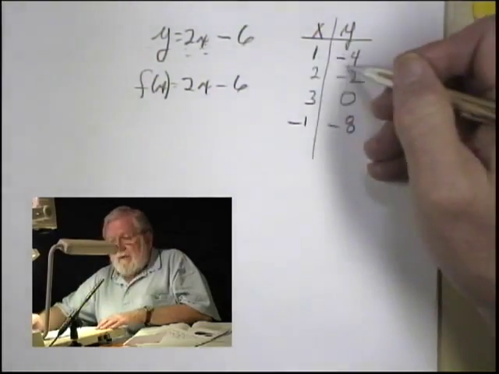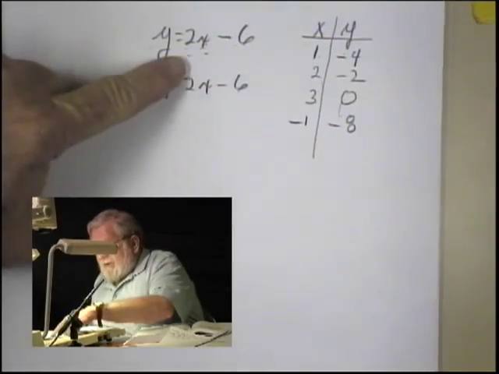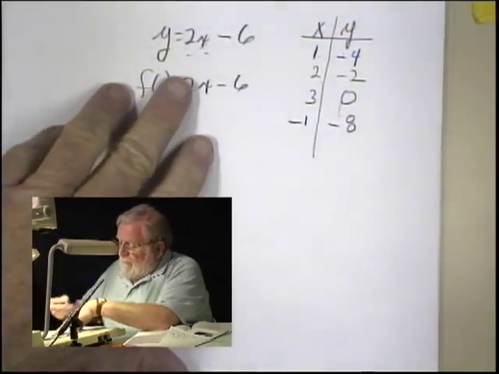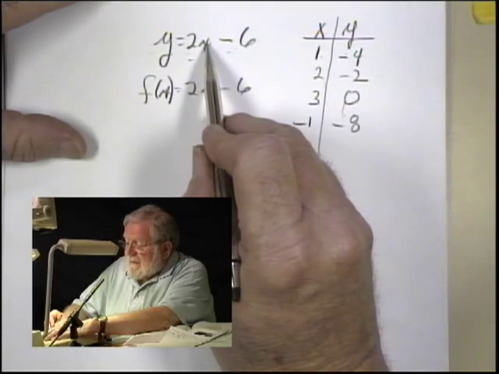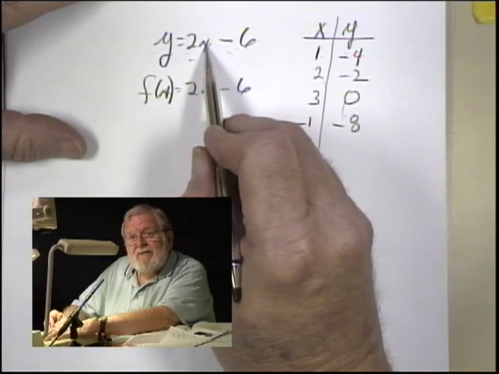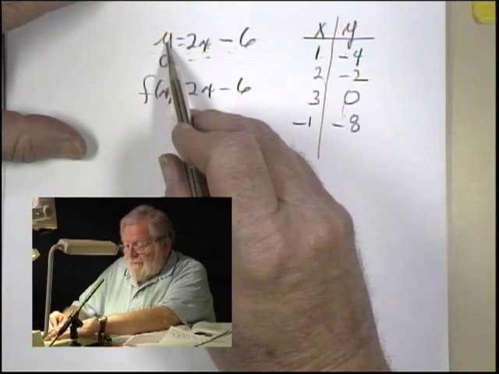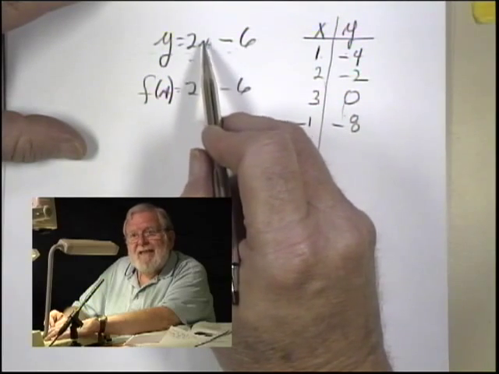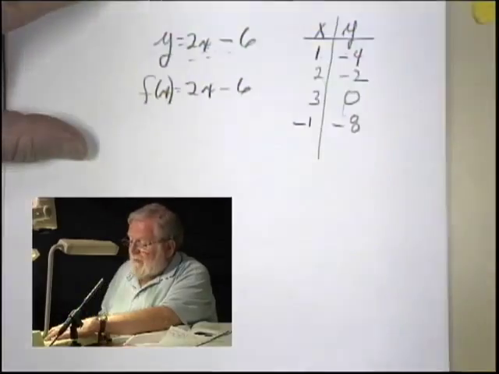So we've generated a set of ordered pairs using this equation. This is a function. A function means that values for x generate unique values for y. Each value of x generates a unique value for y.